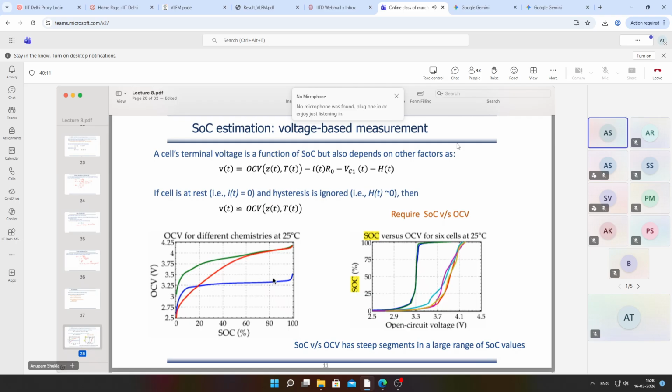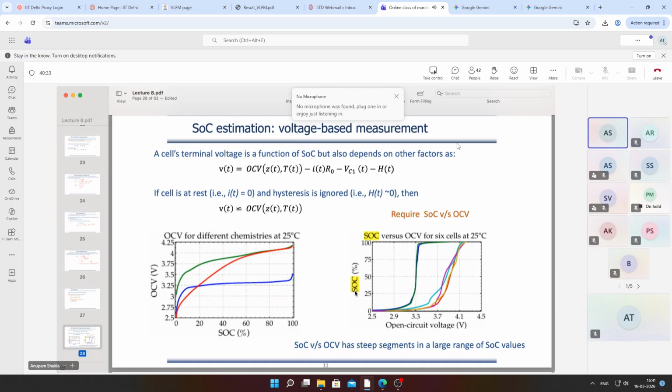If we look at the curve like this, it looks pretty straightforward to say that once I know the value of SOC, I can get OCV. But now the problem is inverse. I know the value of OCV, or at least some voltage which is very close to OCV, and from that I want to get the SOC.